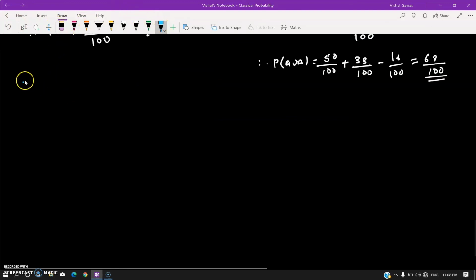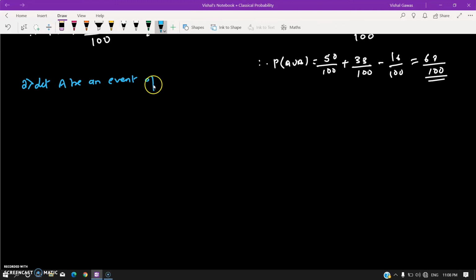So for the second one, let A be the event of drawing a card which is a multiple of 4.